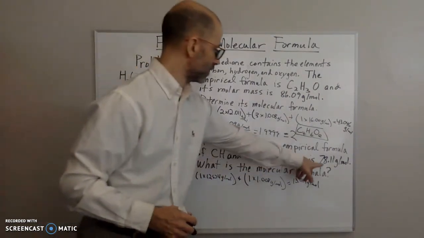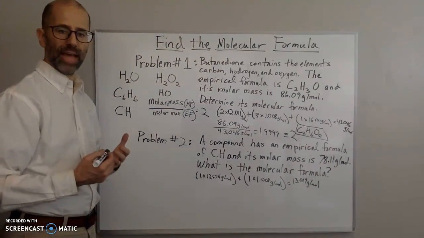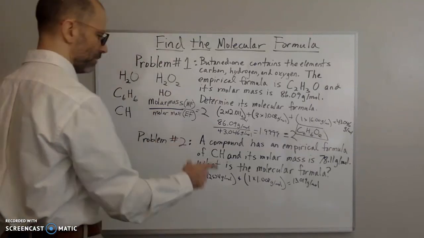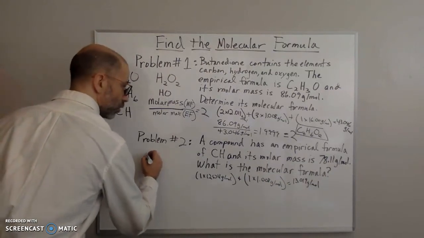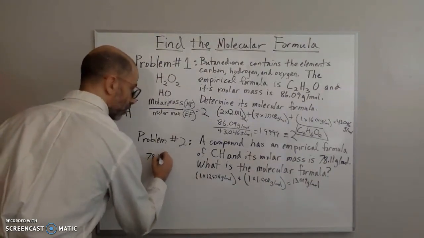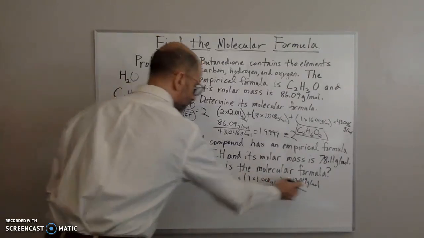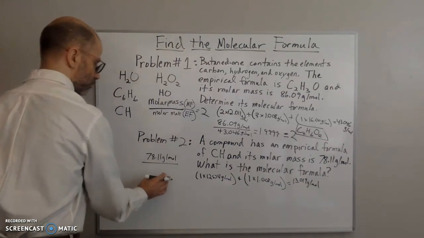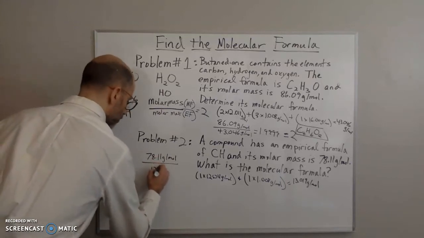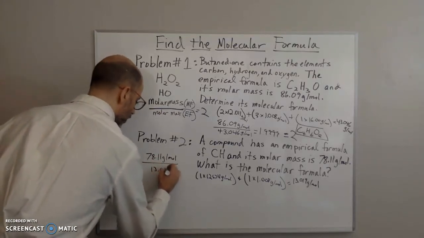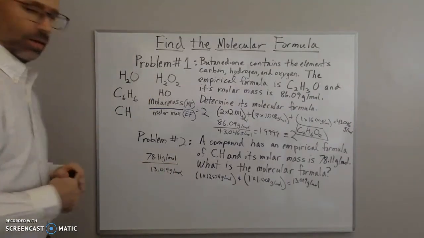We are given 78.11 for the molar mass of the actual substance. So we're going to divide this into that. So we have 78.11 grams per mole, and we divide that by 13.019 grams per mole to get the ratio of the molecular formula to the empirical formula.